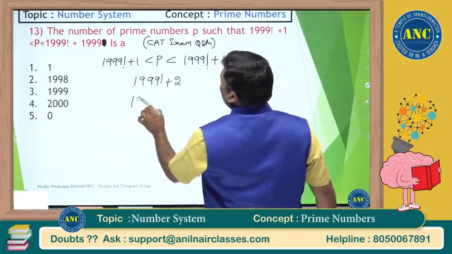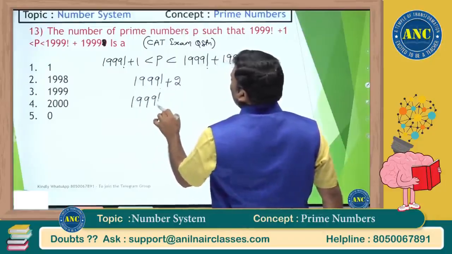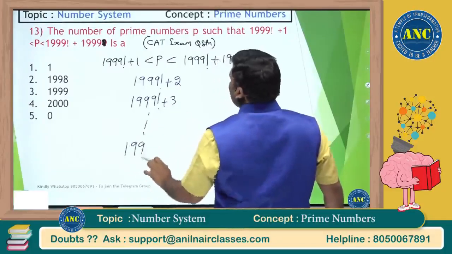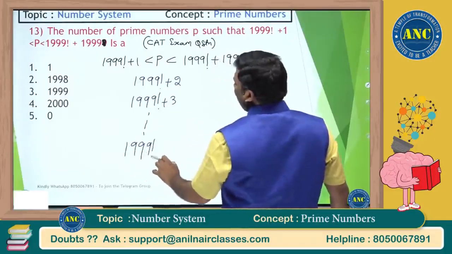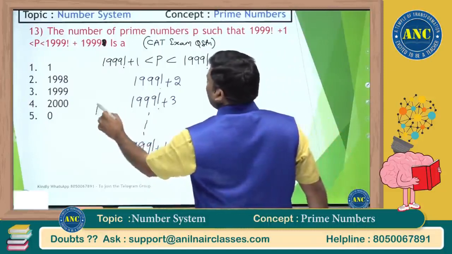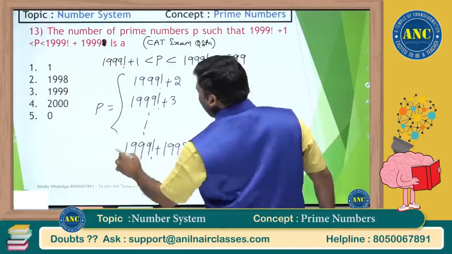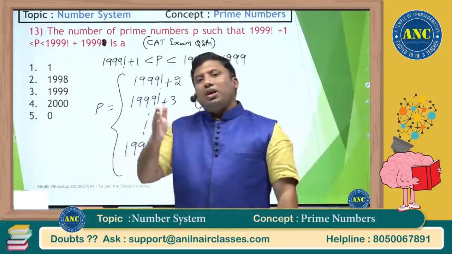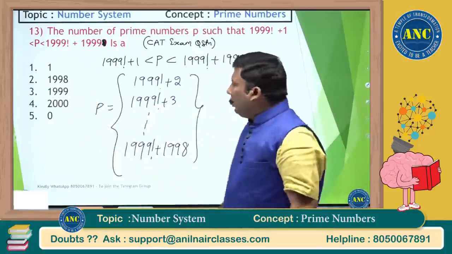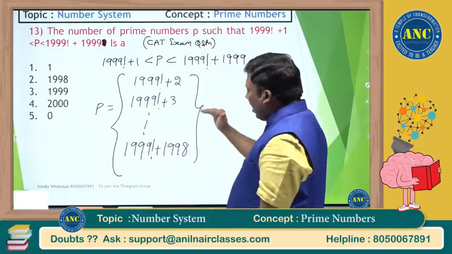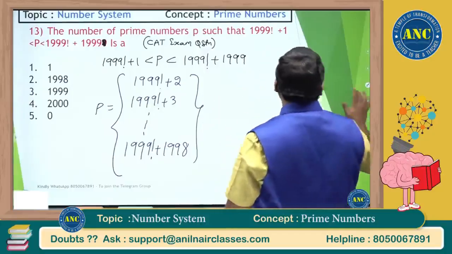The next will be 1,999 factorial plus 3. The last number, the natural numbers will go with a difference of 1, up to plus 1998. P can take any value from this range. I hope it is clear. The natural number difference will be 1: 2, 3, 4, 5, 6 and so on.